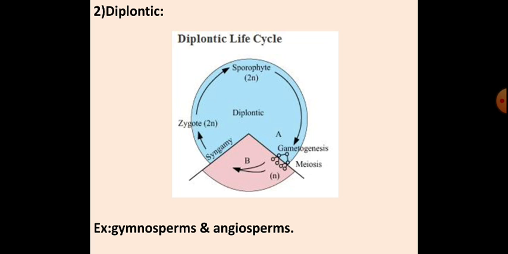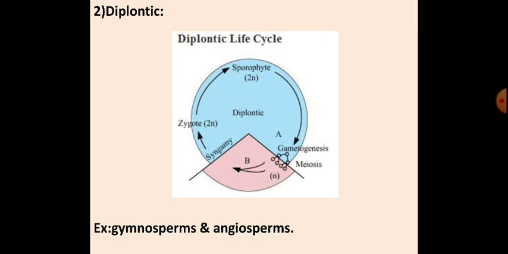Then the male and female gametes fuse together and undergo fertilization, otherwise called syngamy. Again fusion takes place, a diploid zygote is produced, and the cycle continues.